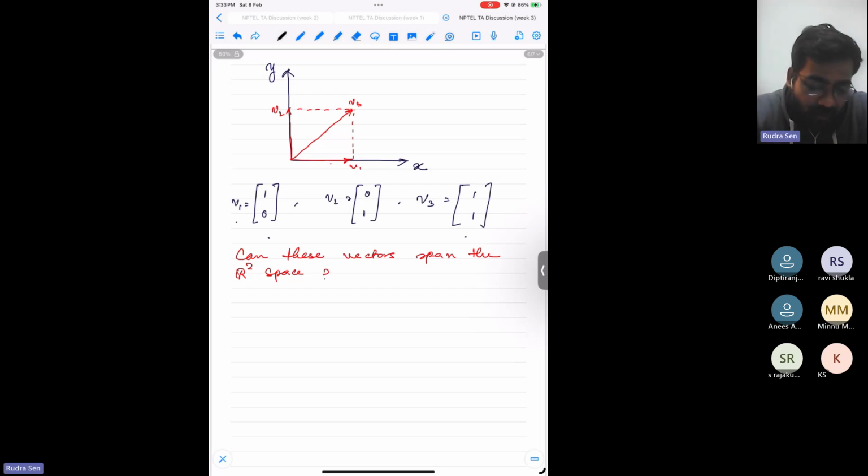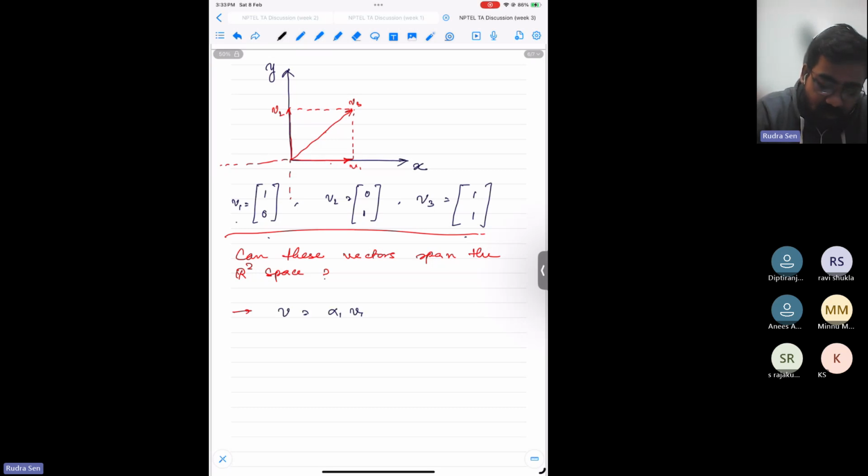Definitely, we can design any vector, because we are talking about only the XY plane. When I'm talking about the XY plane, you have to consider the negative X as well as negative Y. In this XY plane, we can design any vector v by using a linear combination of these three.